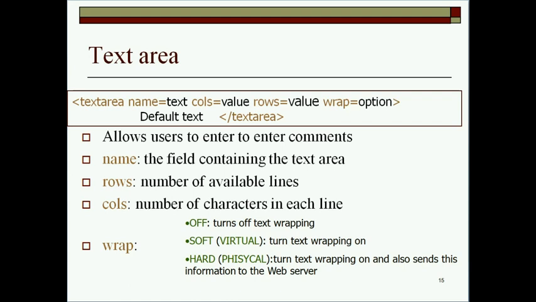So off will turn off text wrapping, text will not be wrapping, and you would need to scroll to see it, unless, of course, the user provides hard line breaking keystrokes. Soft will turn text wrapping on, and hard will turn text wrapping on and also sends this information to the server. The soft will wrap the text to fit it within the text box, but it will not include this wrapping information when it submits to the server.